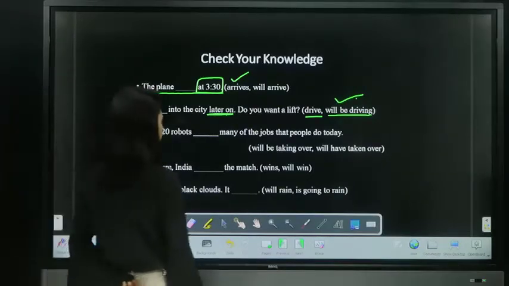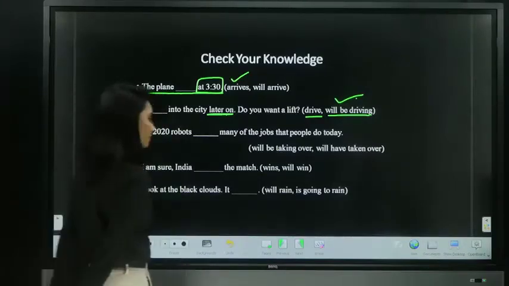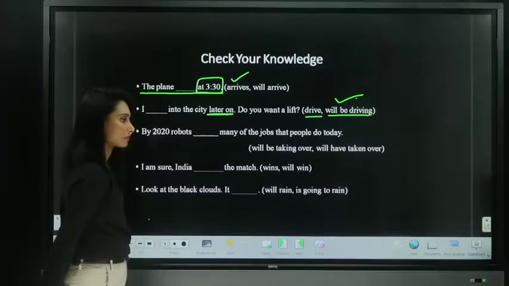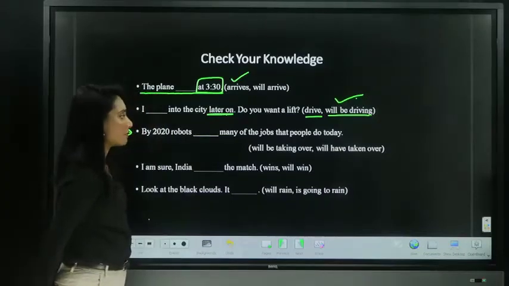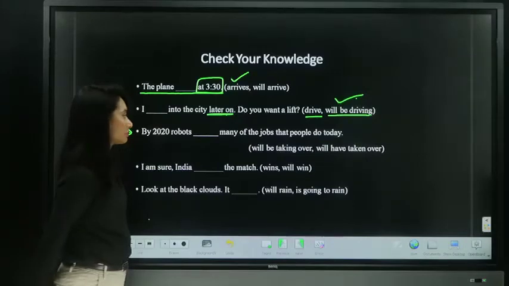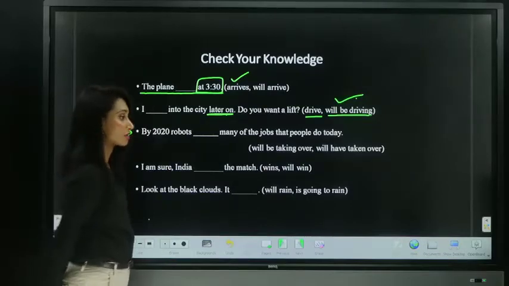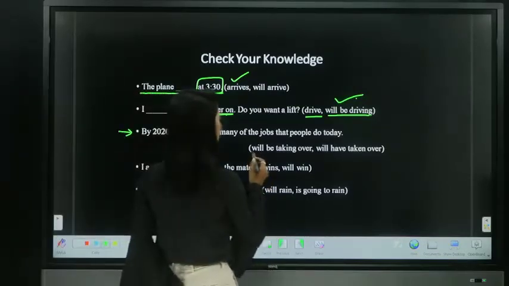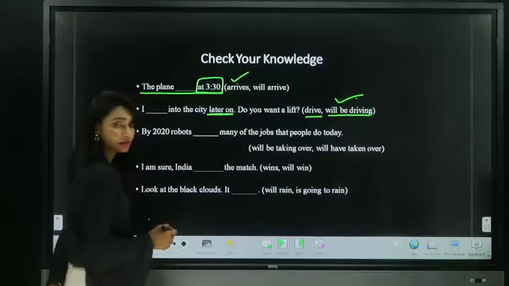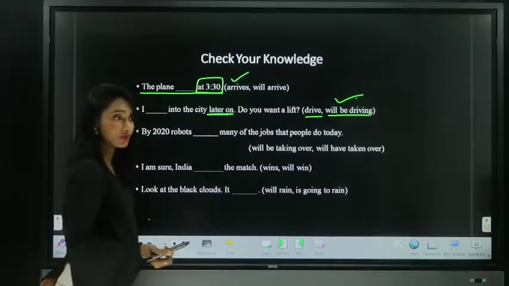Quick. Will be taking over, or will have taken over. What do you think it should be? Future continuous or future perfect? So will be taking over is future continuous. Will have taken over is future perfect.